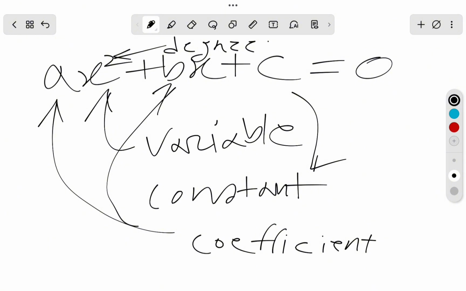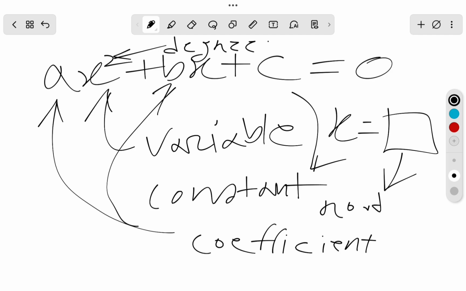When we solve this equation and get the value of x, it is called the root of this equation. Every quadratic equation has 2 roots.